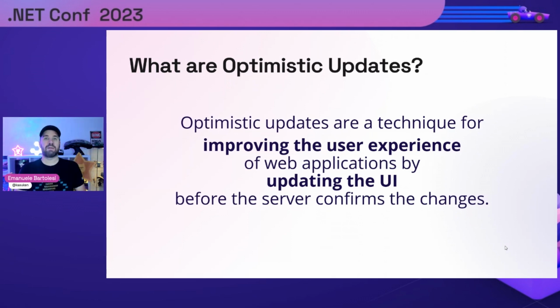But what is an optimistic update? An optimistic update is improving user experience by updating the UI before having the confirmation from the server that something changed, like saving a record on a database or calling an API. So you update the UI before the final confirmation from the server.